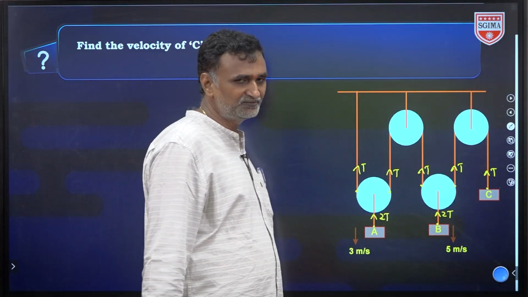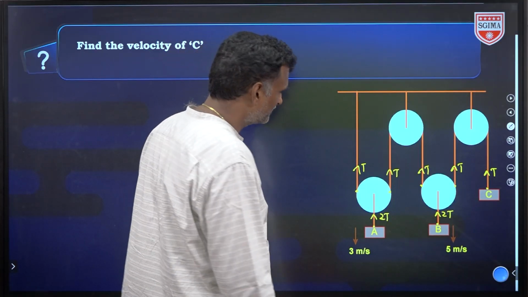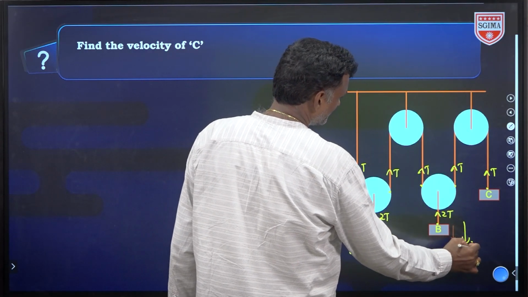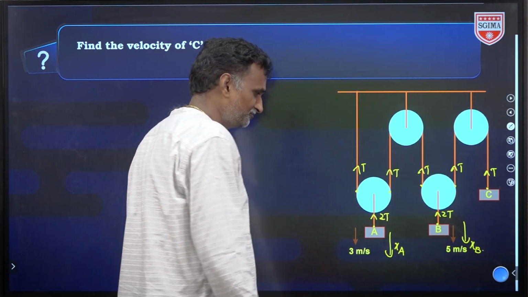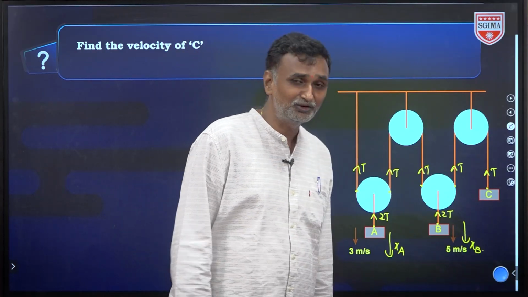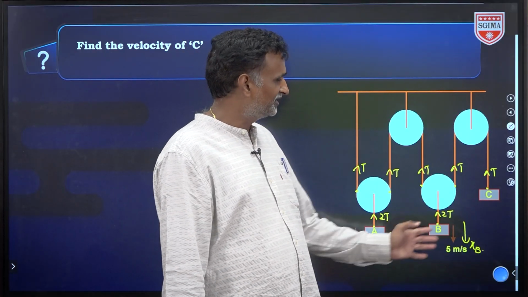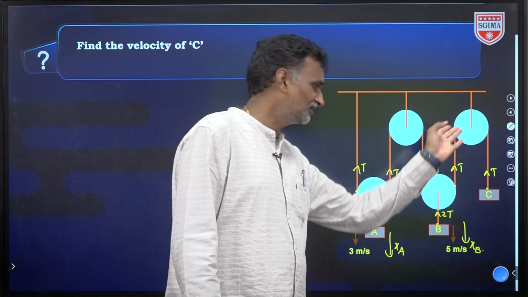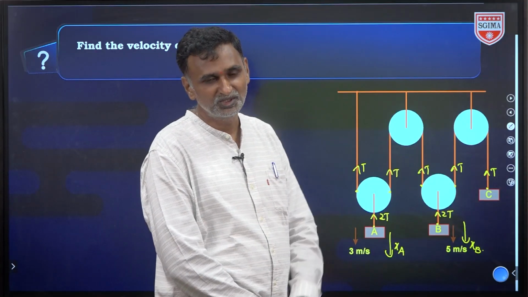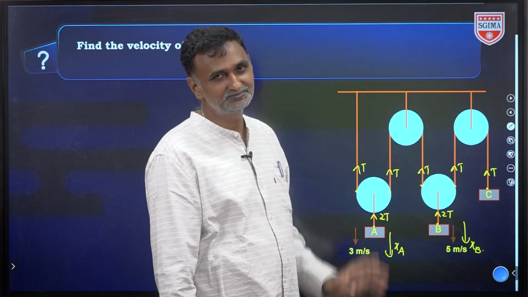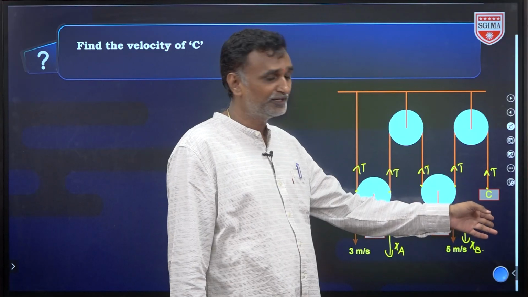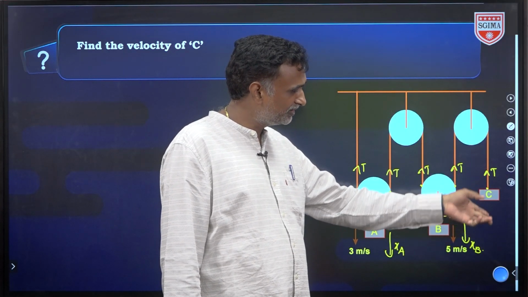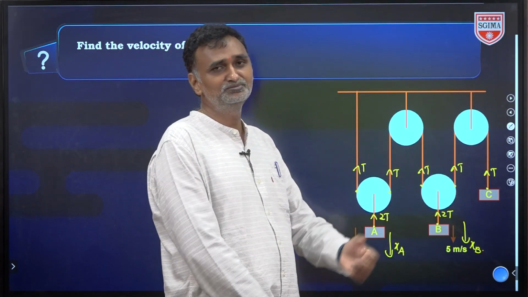These both work done values must be negative. Suppose this is XA and this is XB. Let us see where C is going, upward or downward. Mostly we can observe that it will go upward. But if you take downward also, no issue, you will get the answer as minus. If it is going downward and you took direction upward, then minus will come, and if it is going downward and you took downward, then the answer will come plus.